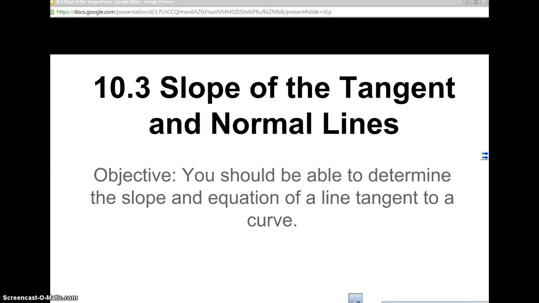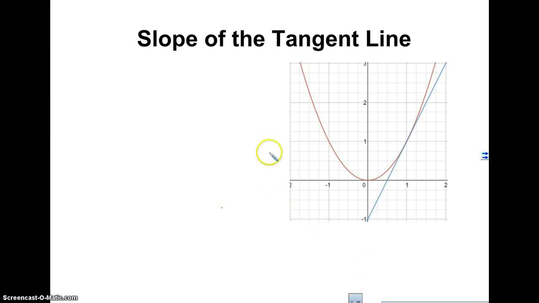Alright. So what you need to know is that one of the ways that we use the derivative is to find the slope of the tangent line. So here's a graph, and this is our function. We'll just call this y equals f of x. And our tangent line here is at the point (1, 1).